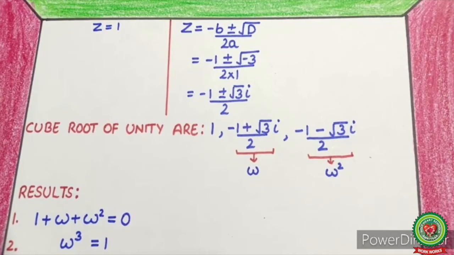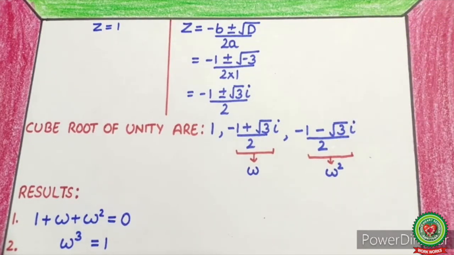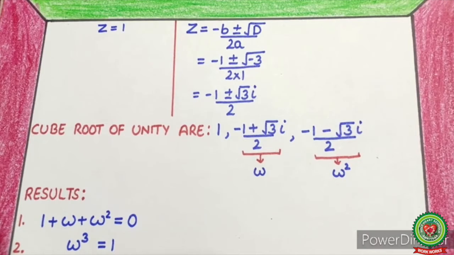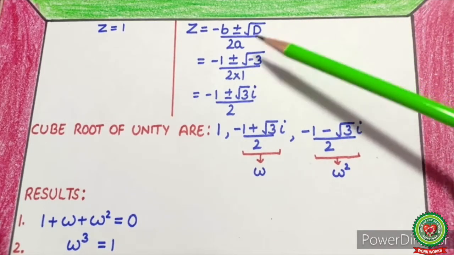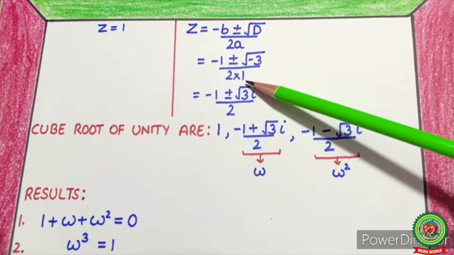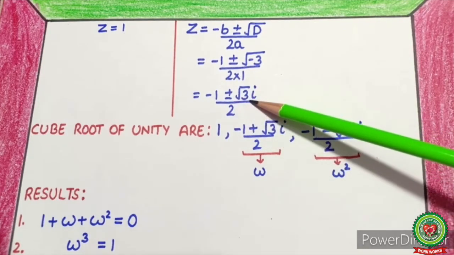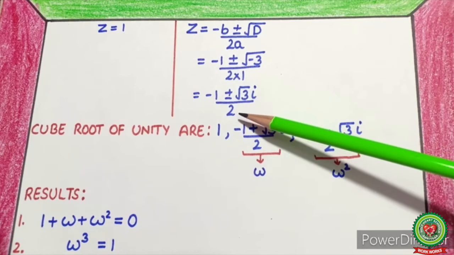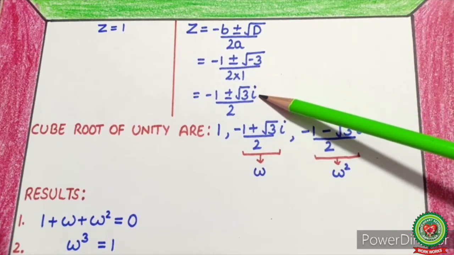Now our next step is to fill the values in the formula, and our formula is z equals minus b plus minus under root D upon 2a. Here, after filling the values, our answer is minus 1 plus minus under root 3 iota upon 2, because the square root of minus 1 changes into iota.